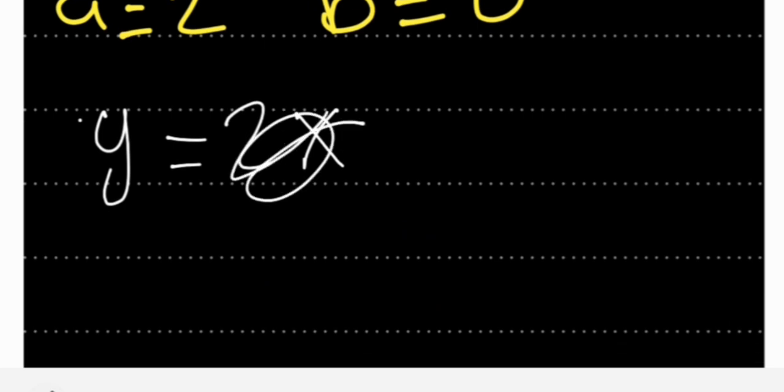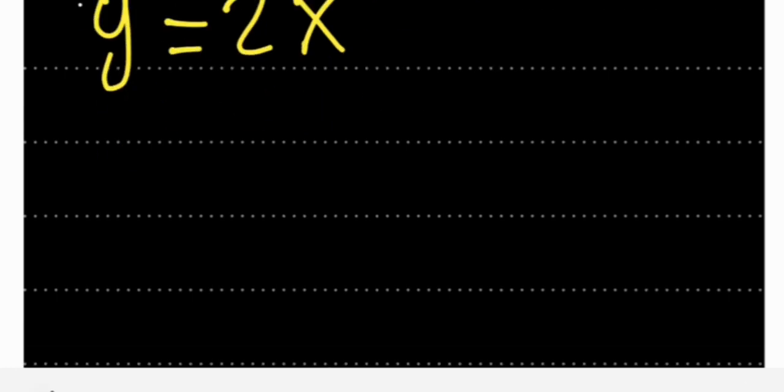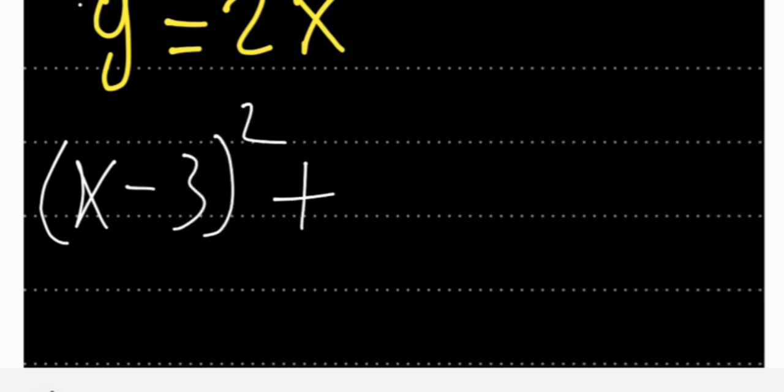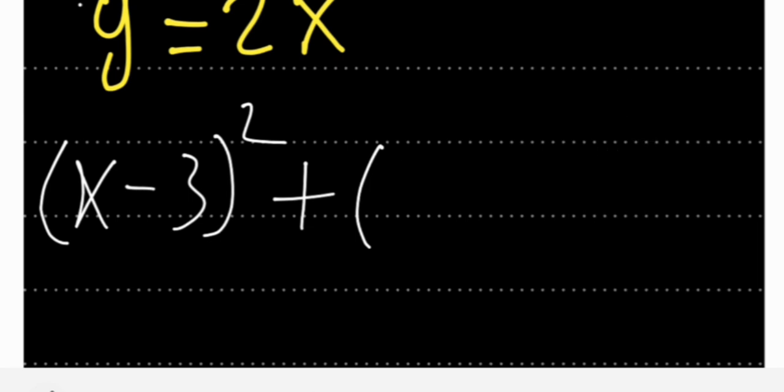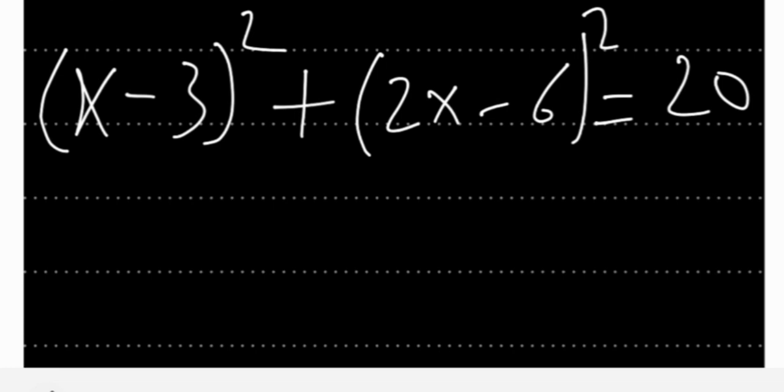So remember, we had (x - 3)² + (y - 6)², right? But in the place of y, I'm going to put 2x. So (2x - 6)² = 20.